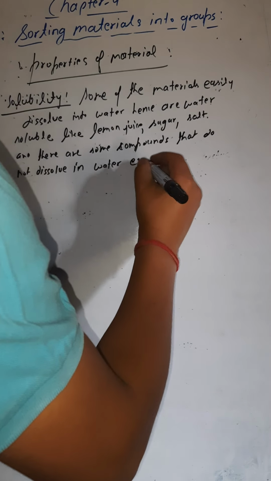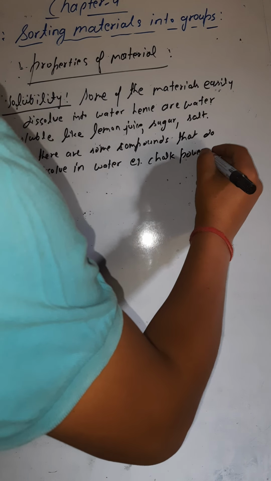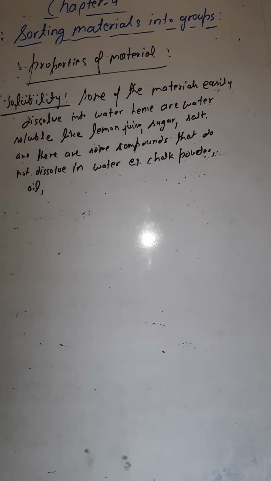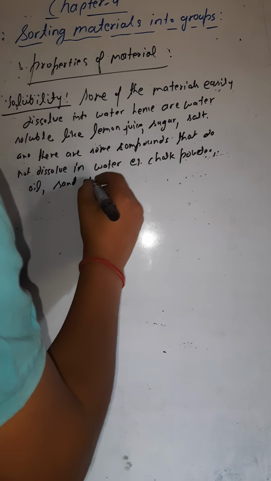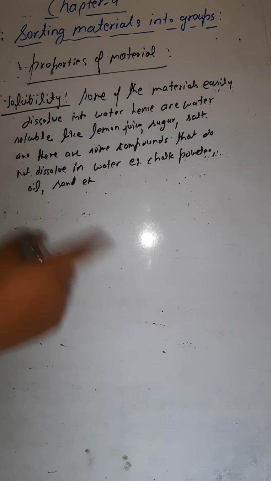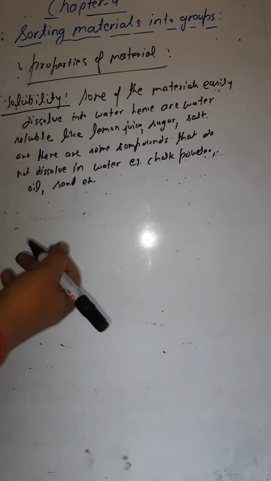For example, you have chalk powder, oil, and one more thing, sand. These are the things which do not dissolve in water. So the things that do not dissolve in water easily are non-soluble, and those that dissolve in water easily are soluble in water. But at the same time, you have different compounds that get dissolved into different liquids.